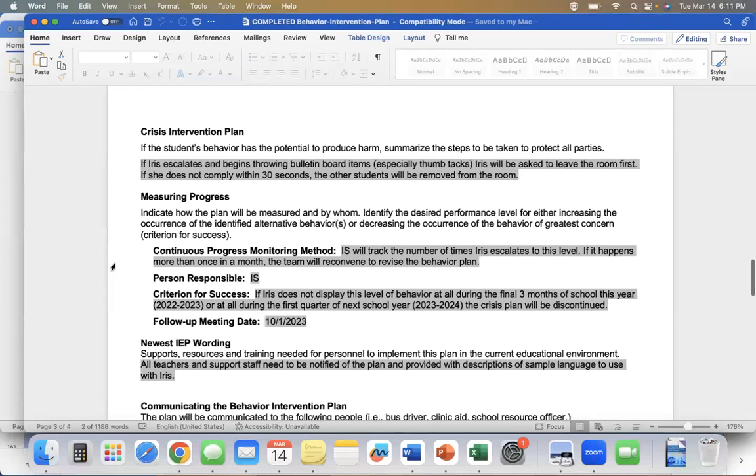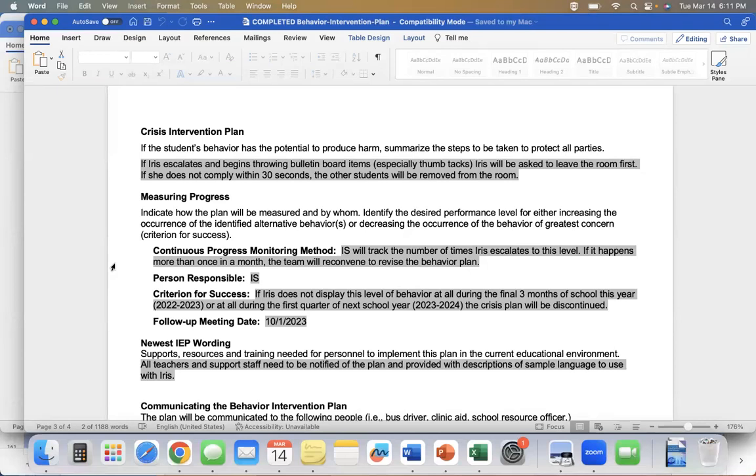Now, if we have a behavior plan, we also want to have a crisis intervention plan in place. A lot of times for districts to do this formal level of a behavior plan versus just a behavior goal, this would be something that is happening super frequently or involves dangerous behaviors, so we need to have this crisis plan in place.